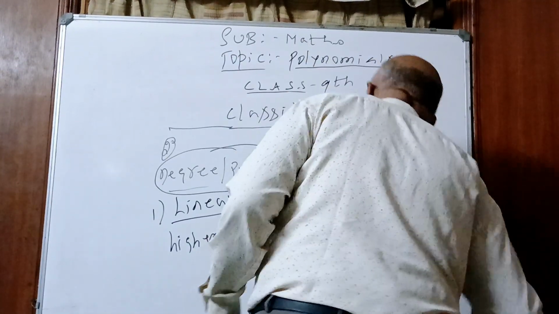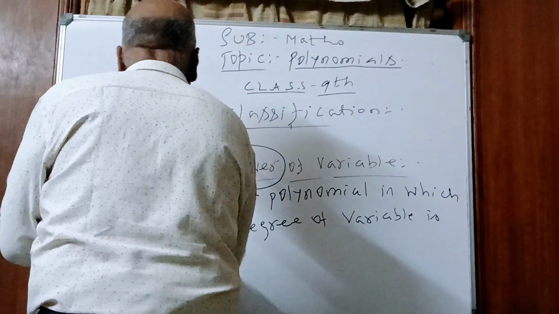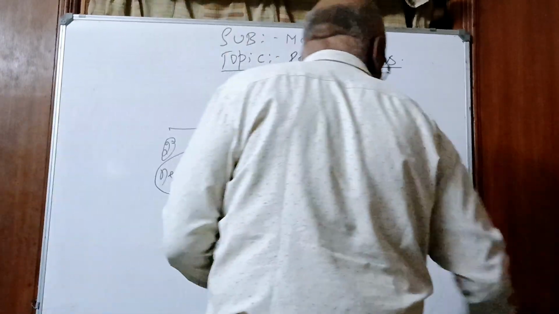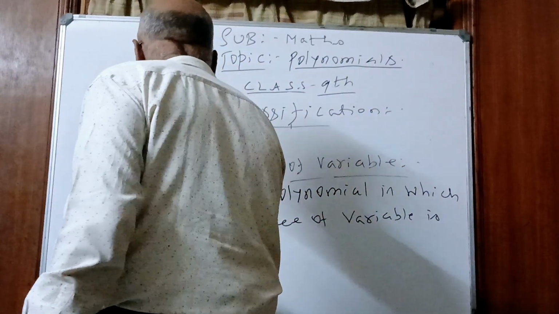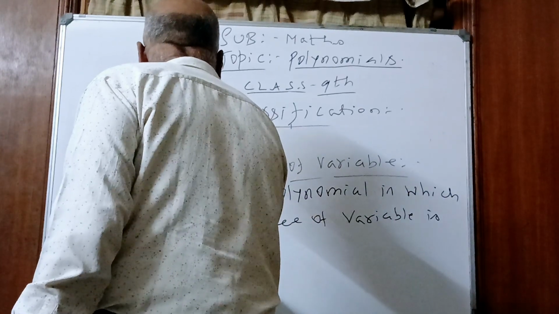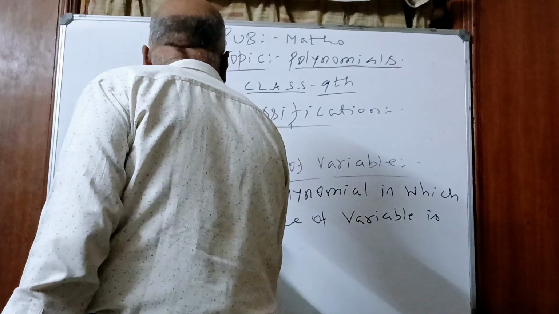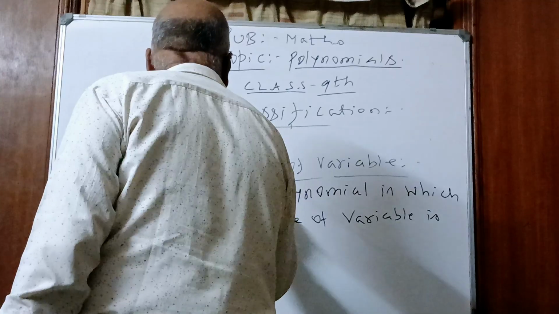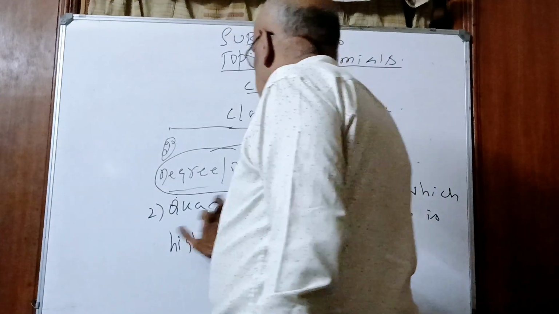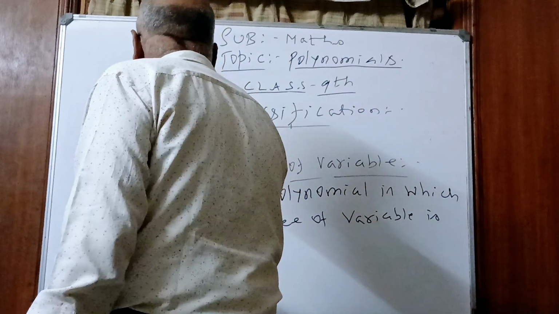Then come to quadratic polynomial. What polynomial, children? Quadratic. Second one, quadratic. What is quadratic polynomial, children?